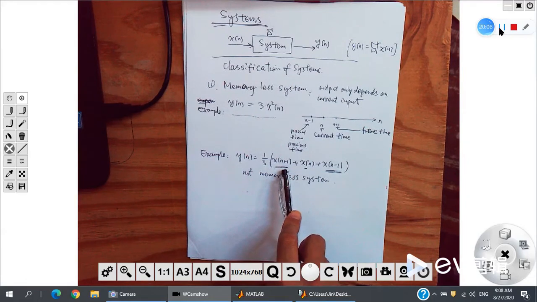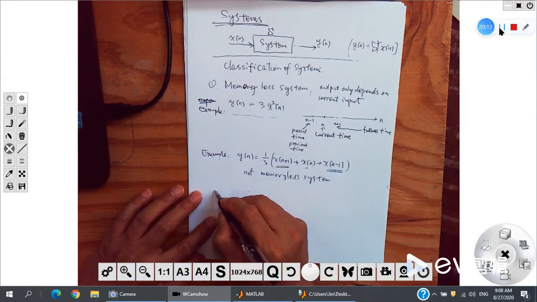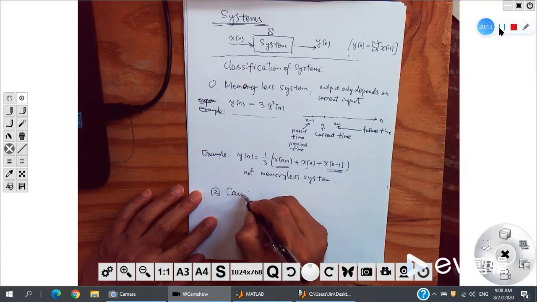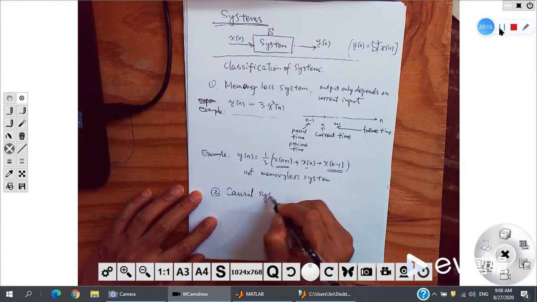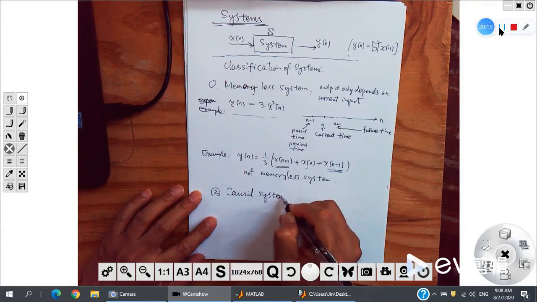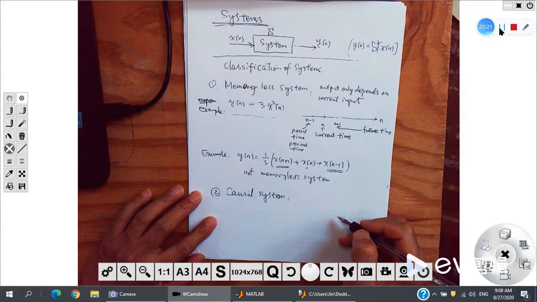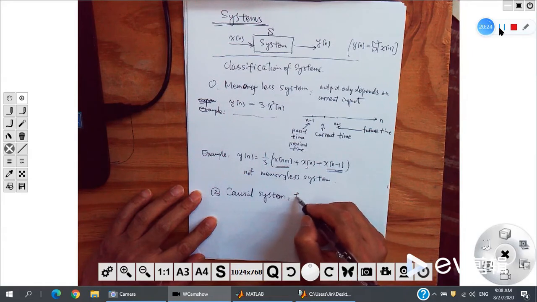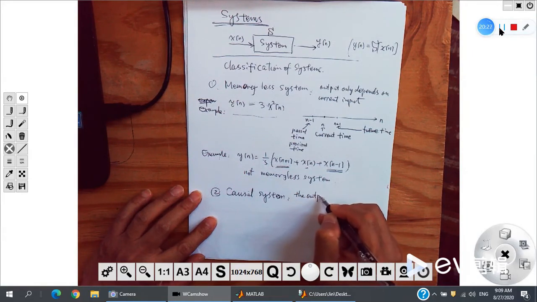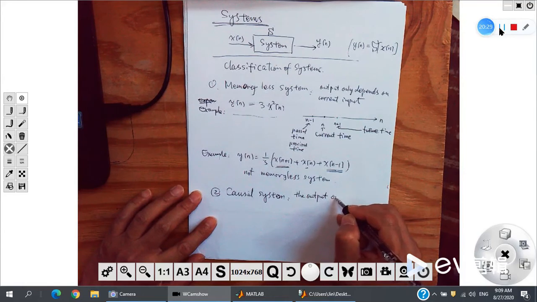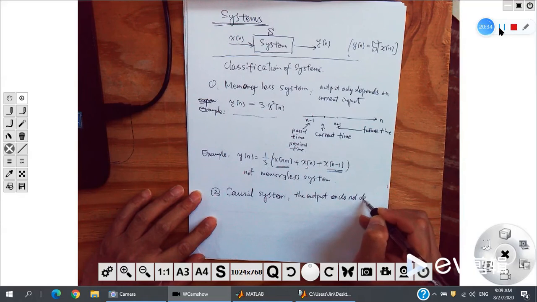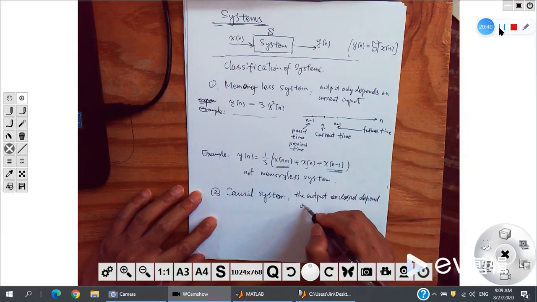Sounds weird, right? Okay, we have a second type of system. It's the causal system. What is a causal system? A causal system means the output does not depend on future input.